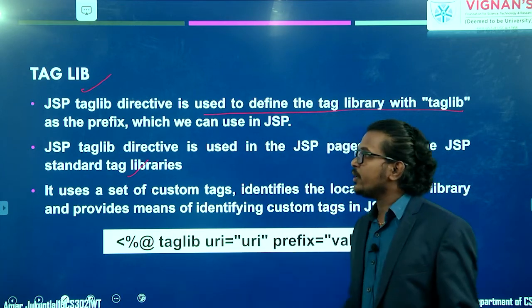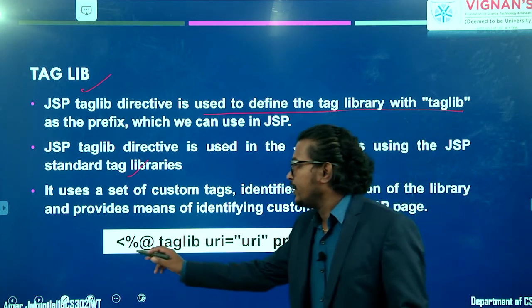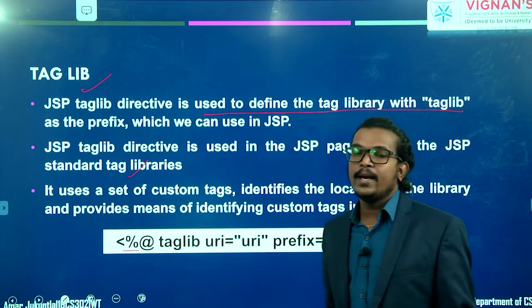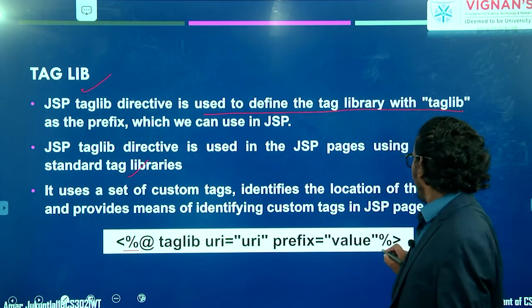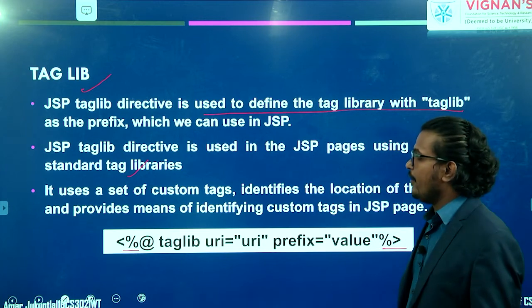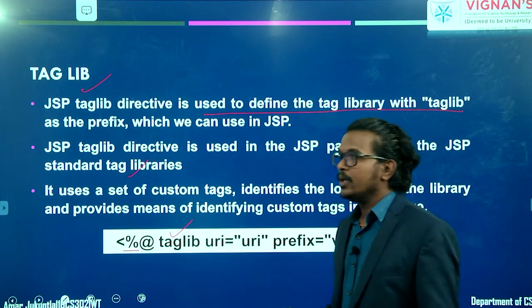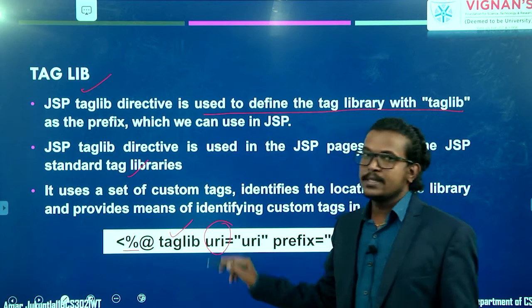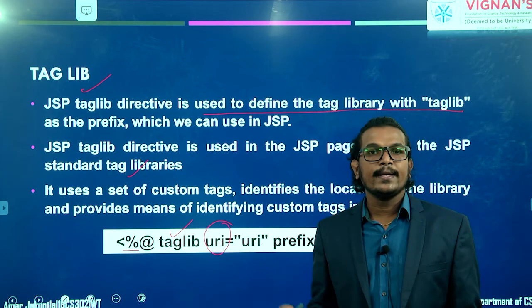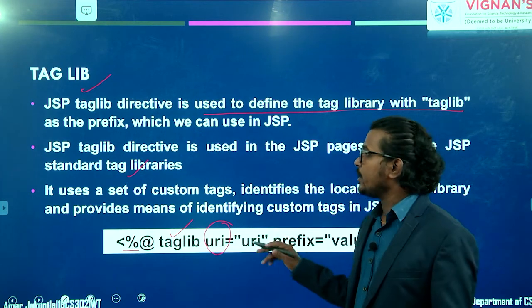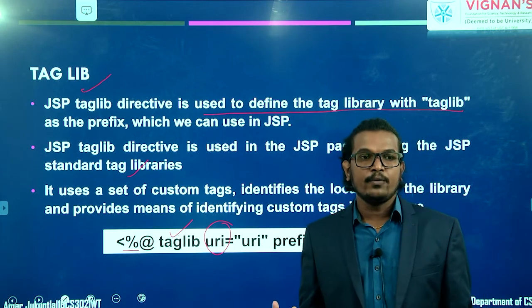So what is the syntax for this particular tag directive? Here we have the open scriptlet and the close scriptlet. After that you have to call your tag directive, and here you have the URI. What is that particular URI? URI is nothing but where you are storing those user defined tags.